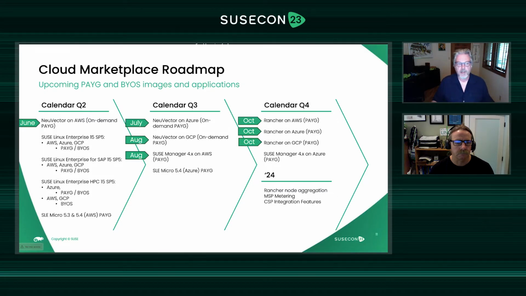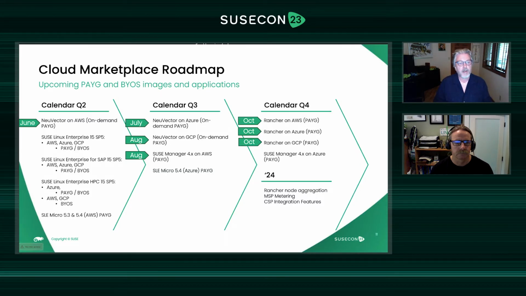But also this year, and I'm going to call it out right now with these little arrows up here. As of SUSECon right now, we're announcing that NeuVector, which is our security Kubernetes application that can be installed on a container cluster or a Kubernetes platform, will be available on Amazon as of SUSECon, or it's being published there right now.